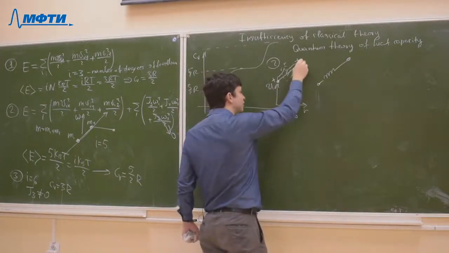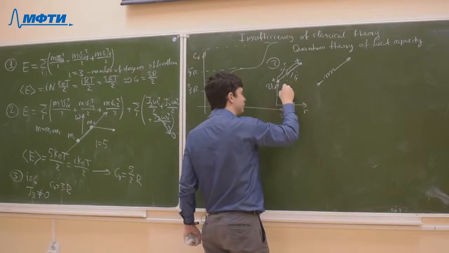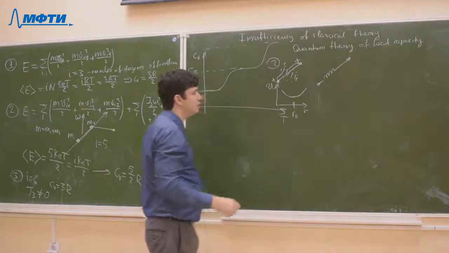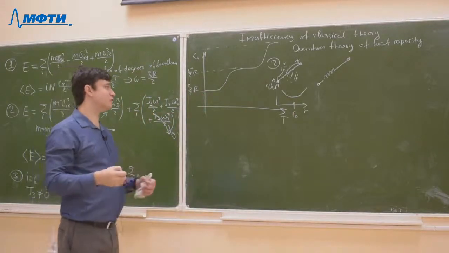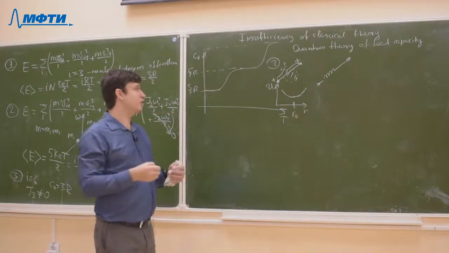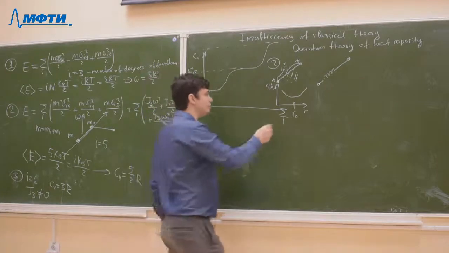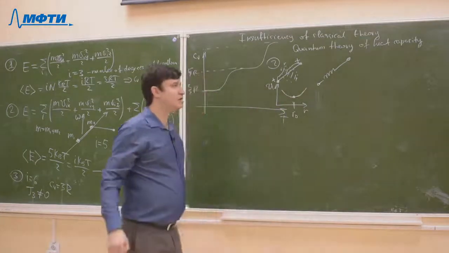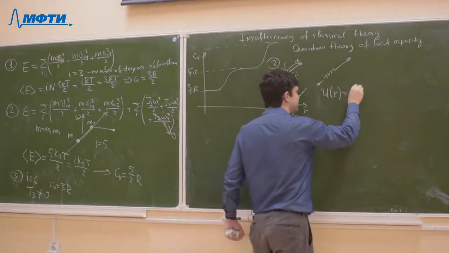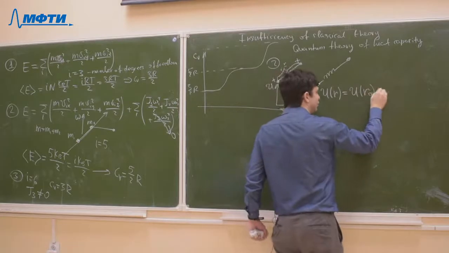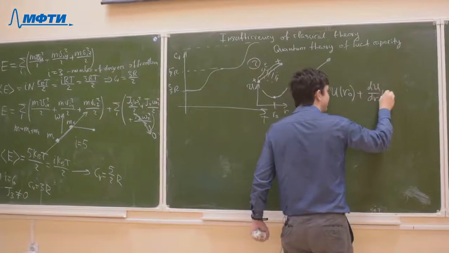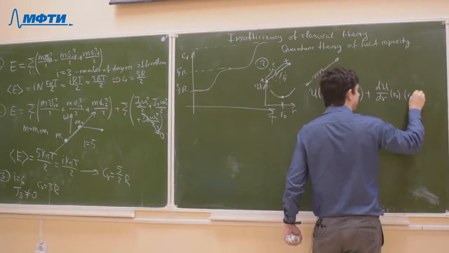If you try to change the distance, the potential energy will increase, and it does not depend on whether you bring these two atoms closer or apart. Near a minimum, the Taylor series for the potential energy can be written as U of R0 plus dU/dR at R0 multiplied by (R minus R0).